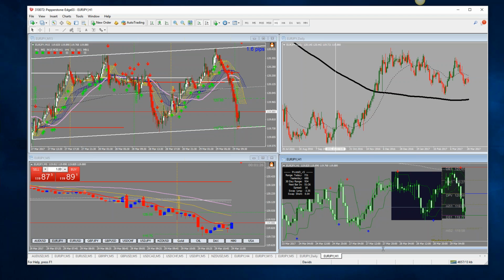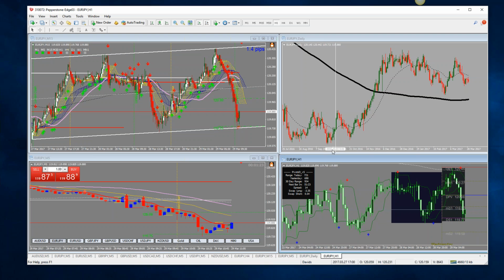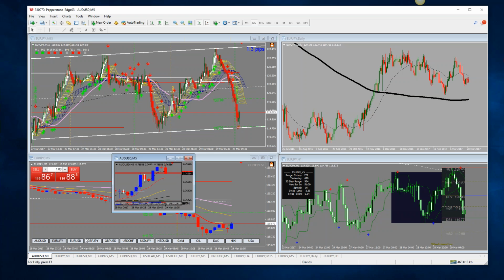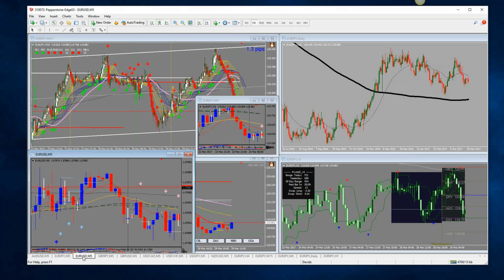I have a 15-minute chart, a daily, a 1 hour, and the one that I trade from. Down at the bottom I have all the pairs, and they have all my alerts on them. I only have my alerts on these pairs at the very bottom, all these little wee guys, and I'm just going to minimize them again.